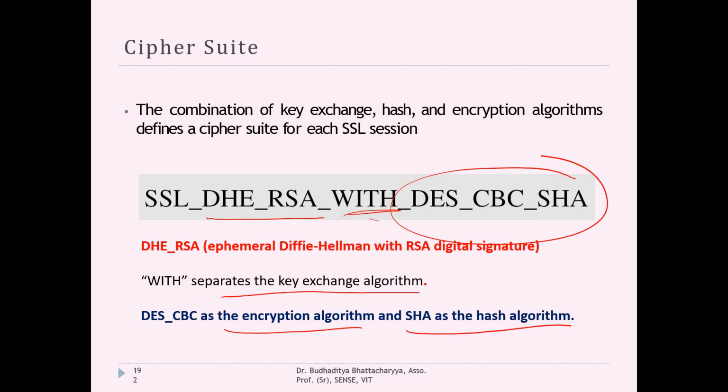That's why in most cases it's mentioned as key exchange, hash and encryption. Each of them will require 4 such keys along with 2 initial vectors. So both at the client side as well as the server side, we will require 6 sets of initial vectors or keys for that matter. This is how it is being used.